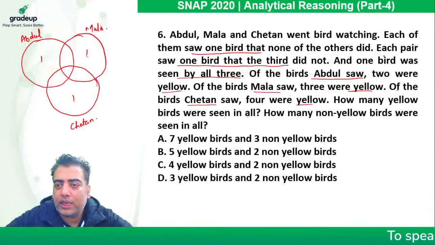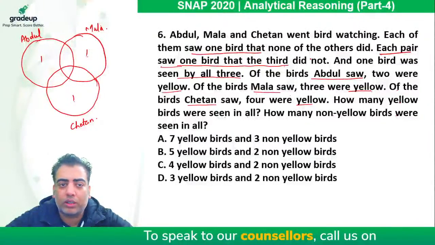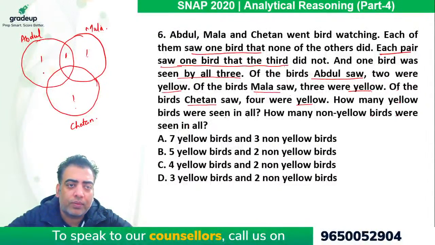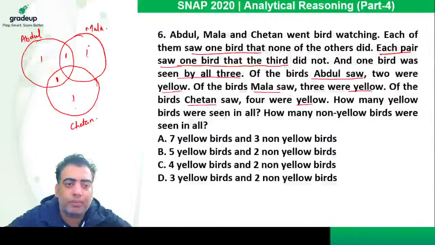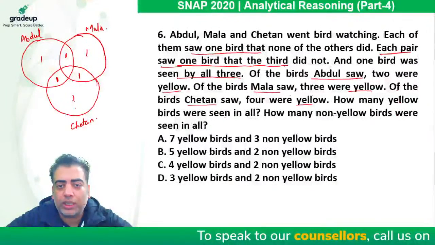Then he says each pair saw one bird that the third did not. So Abdul and Mala saw a bird which was not seen by Chetan. Abdul and Chetan saw a bird which was not seen by Mala, and likewise this comes out to be 1. Then he says, and one bird was seen by all three.